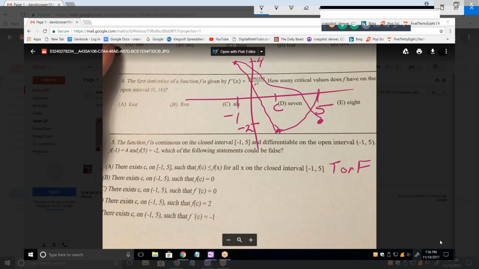The reason is you cannot get from that point to that point without going through the x-axis. You can't skip over it because it's continuous and differentiable on the interval. There has to be a C where f of c is equal to 0.